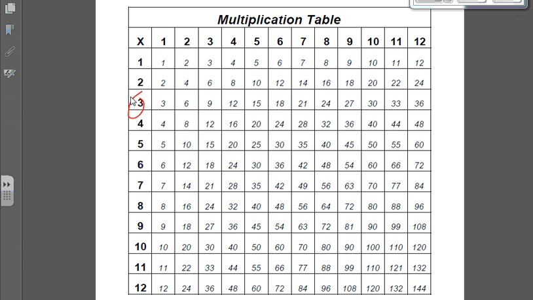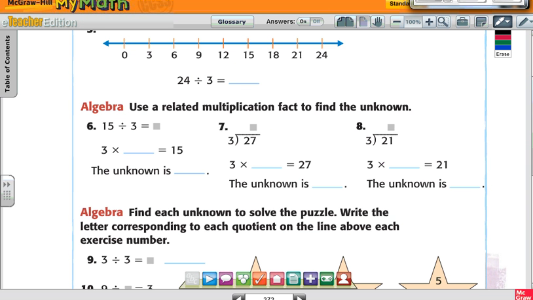Look, here's 3. Go to 15, and then go straight up. It's 5, just like that. So, Aiden, thank you. It's 9. Mason, number 8. Yeah. And number 8 is 7. Nice job.